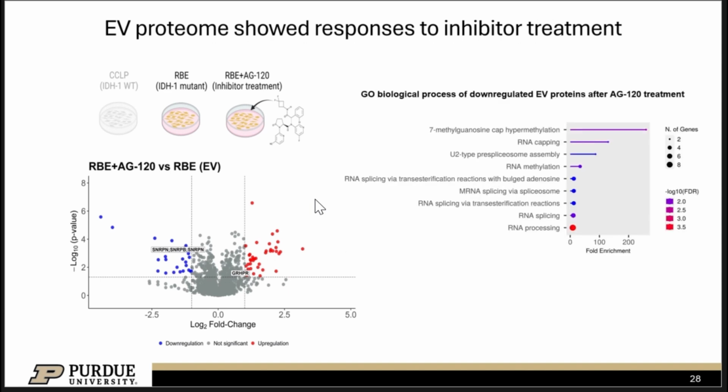And furthermore, we took the downregulated EV proteins to do a gene ontology search, and indeed we see some pathways, for example, RNA capping pathways. This is also a known pathway related to the IDH1 mutation. So potentially this EV may carry this information from the cells, but further validation is still needed.